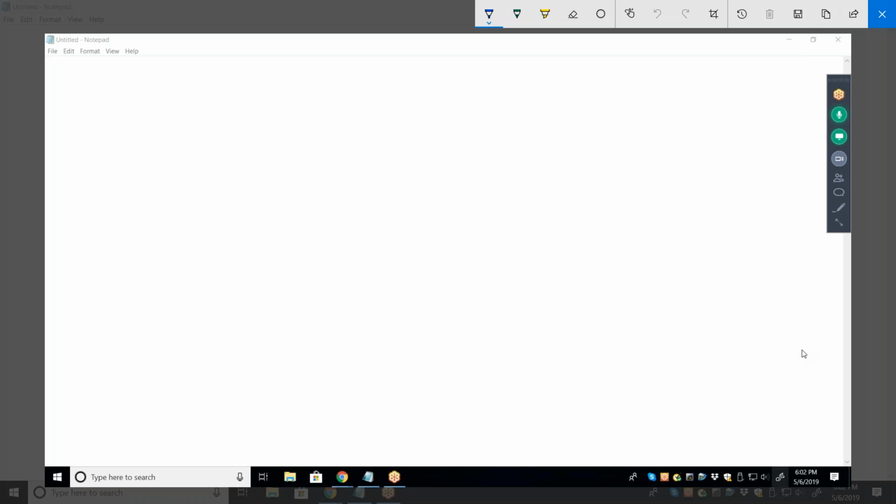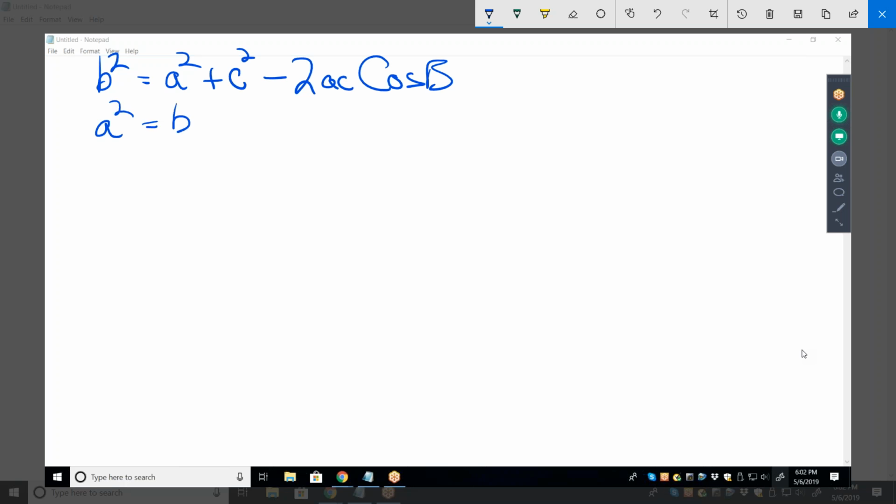B squared equals A squared plus C squared minus 2AC cosine capital B. Good. What's another one? A squared equals B squared plus C squared minus 2BC cosine A. All right, you got the pattern clearly.